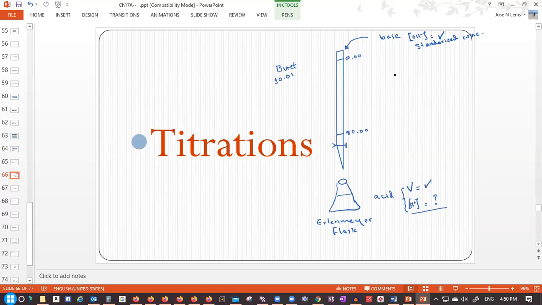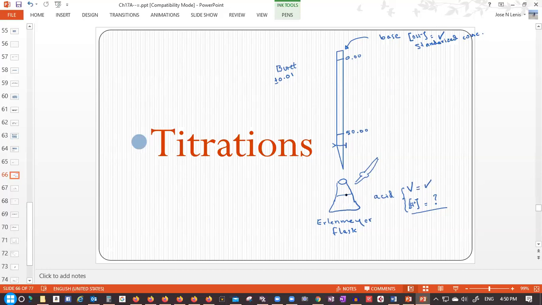So once we finish the titration, let's not forget something else. Here we add a very specific value using the volumetric pipette, so we know the volume.